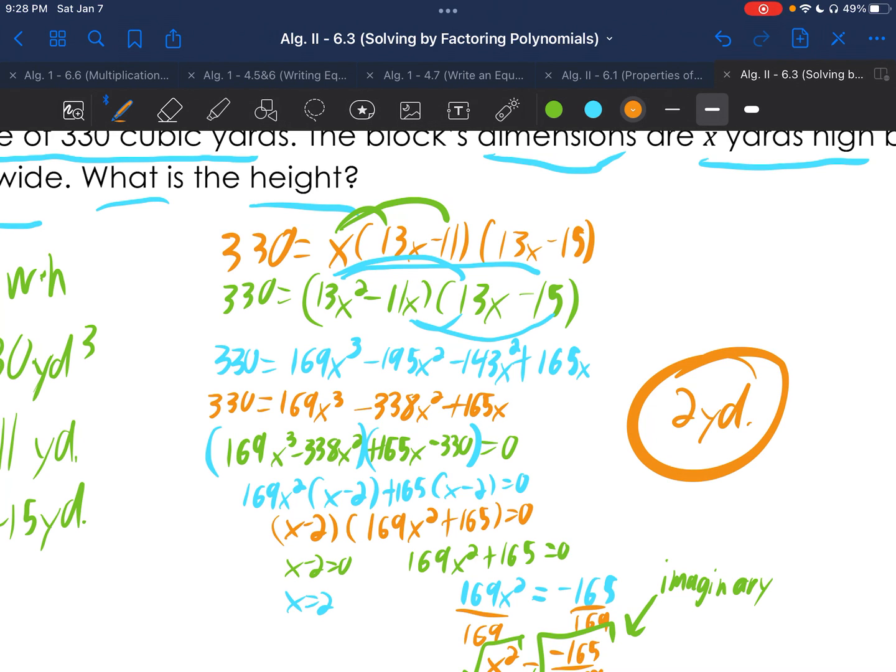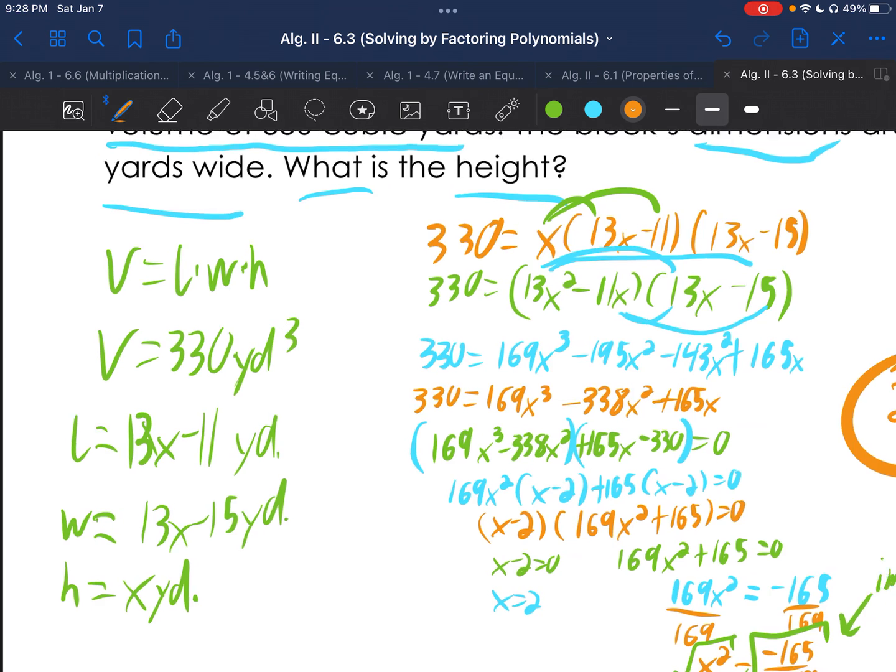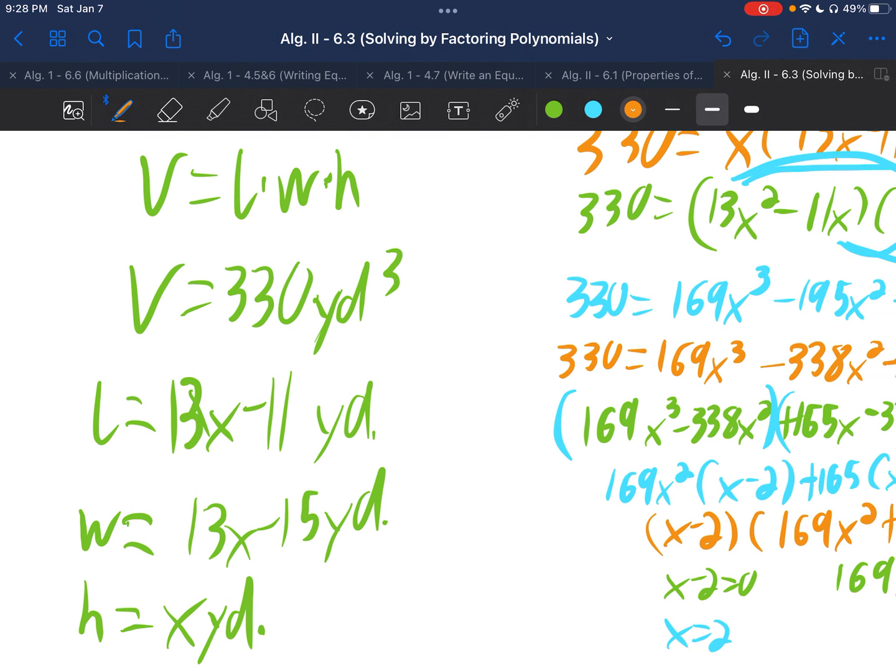All right, that is it for section 3, but real quick, I want to recap the problem. We took our information, and we said volume is equal to length times width times height. If you don't know that, you can always Google it or just ask.